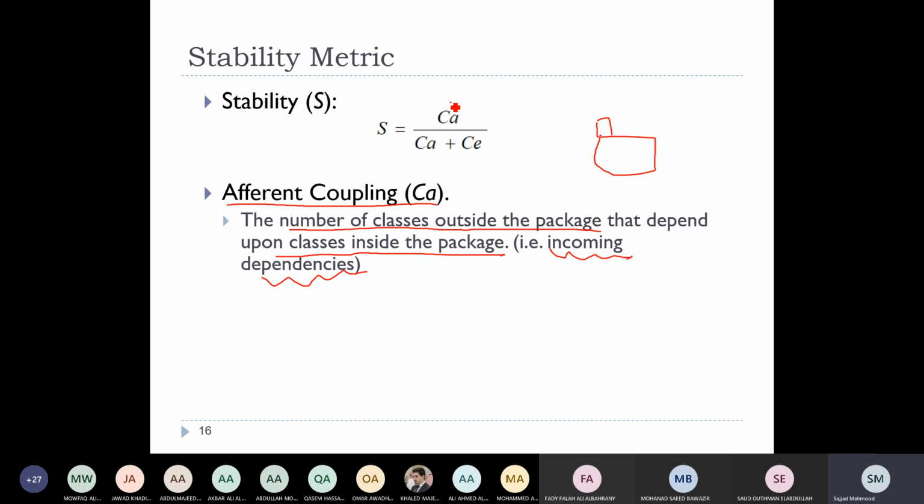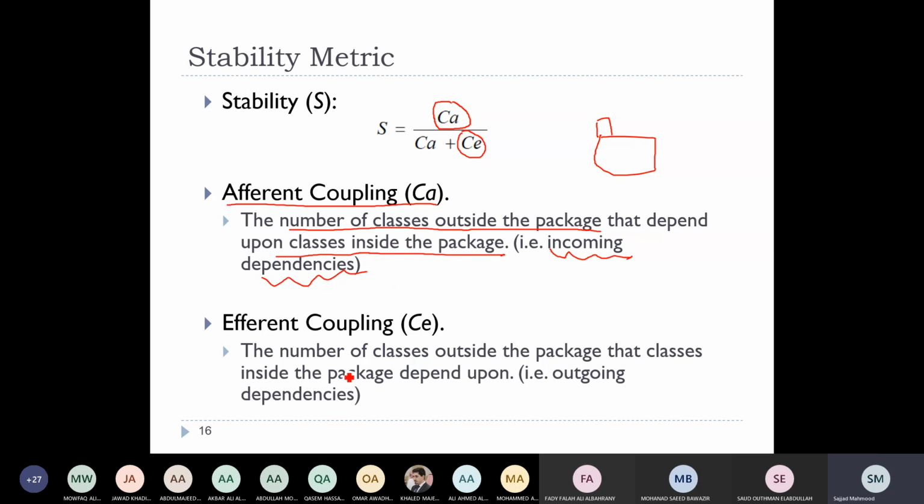This is CA. What is CE? A is there for the afferent one, right? Efferent is the one for CE. It is the flip side of it. It's the number of classes outside the package that the classes inside the package depend upon. In other words, the outgoing dependencies.